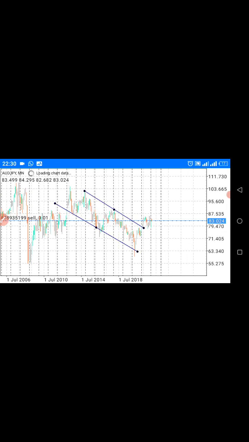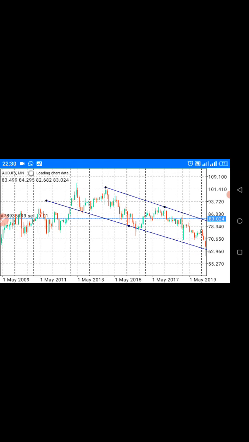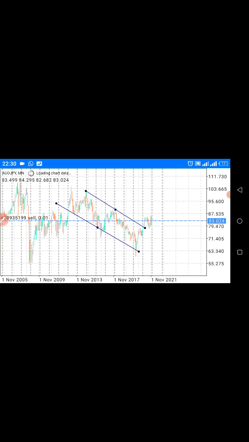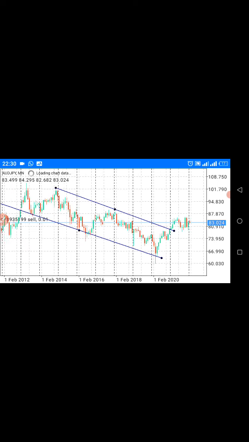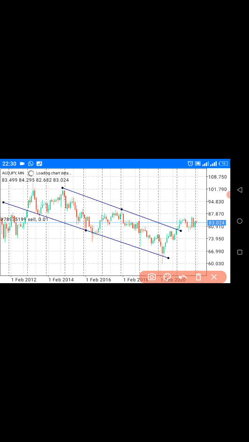I've been telling you about the channel I love most, because the channel I trade most is those with three touch. 1 2 3, 1 2 3 before the breakout.